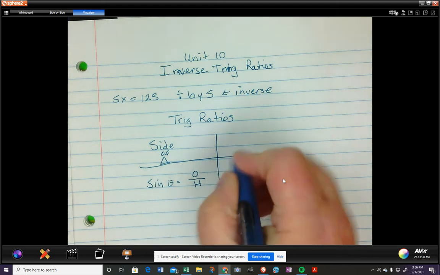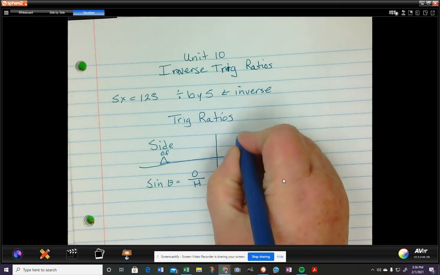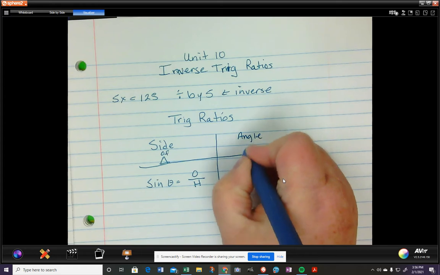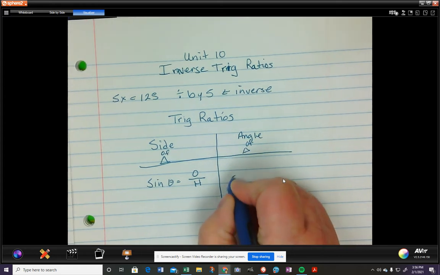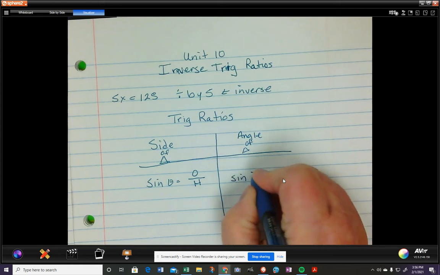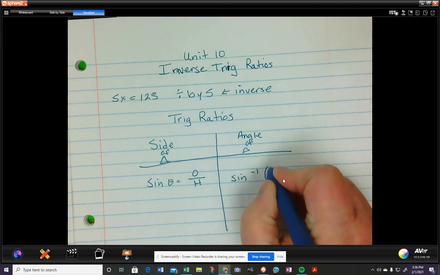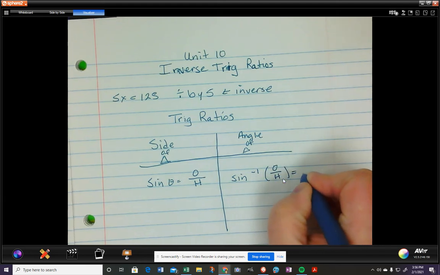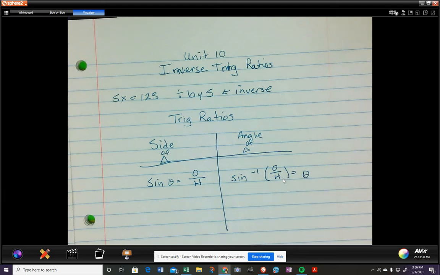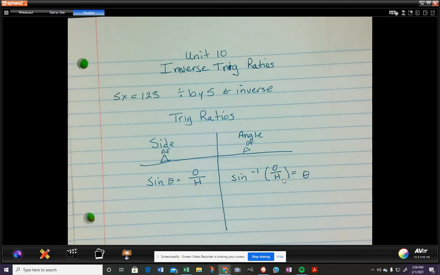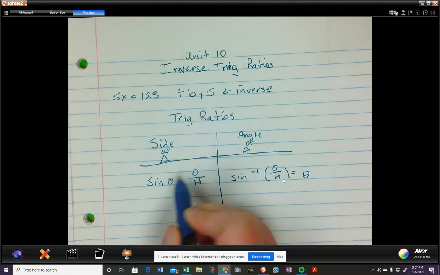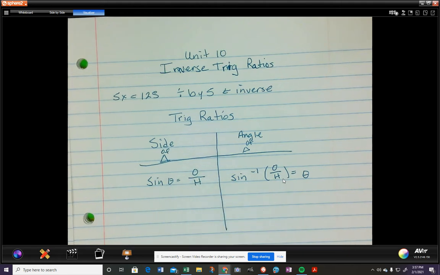Okay, if I want to find the angle of a triangle, I would use sine to the -1, the inverse of sine of opposite over hypotenuse, equal to theta. Those look similar. What did I flip? I flip-flopped the theta and the opposite over hypotenuse.